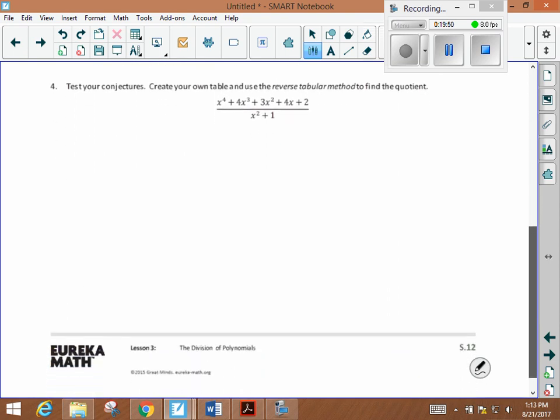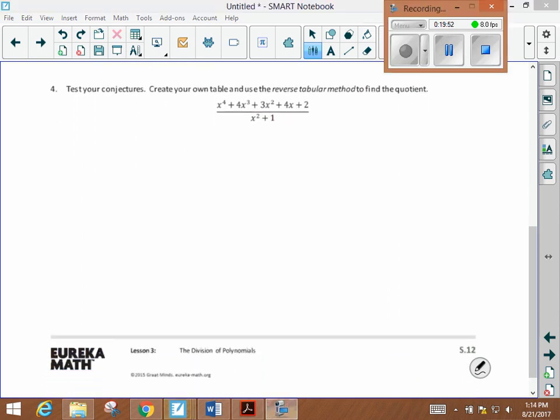All right, so let's do another one. Now, the difference between this one and the previous ones is that we haven't been given our table ahead of time, which means that we need to do a little extra work to figure out the dimensions of our table. In other words, how many rows and how many columns should our table have?